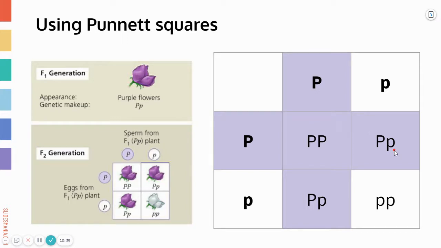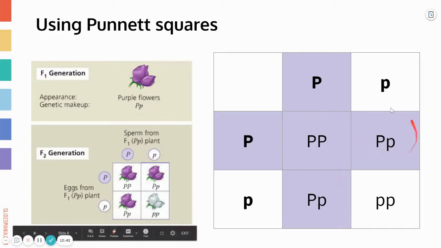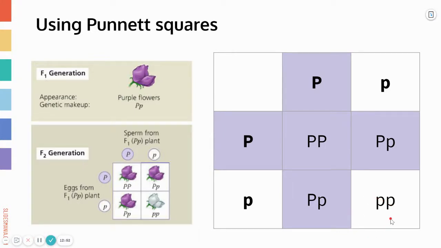But when you look at phenotype, those ratios are going to change, because 75% of the offspring are purple as their phenotype, and 25% of the offspring are white. So be really thoughtful about whether you're referring to genotype, which is the genetics or the alleles, or phenotype, which is the trait that you're looking at in offspring.